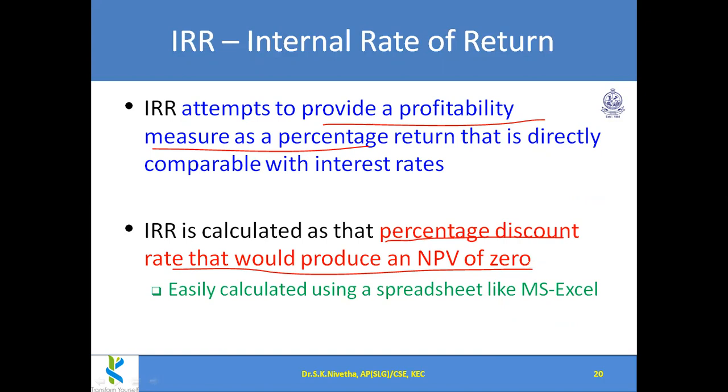So we can adjust the discount rate: 15% what it is coming, 14% what it is coming, 13% what it is coming. When it is exactly 0, that percentage we are calling it as IRR, internal rate of return. Okay, so normally that is calculated using a spreadsheet. Management gurus will keep on doing this for each and every project.